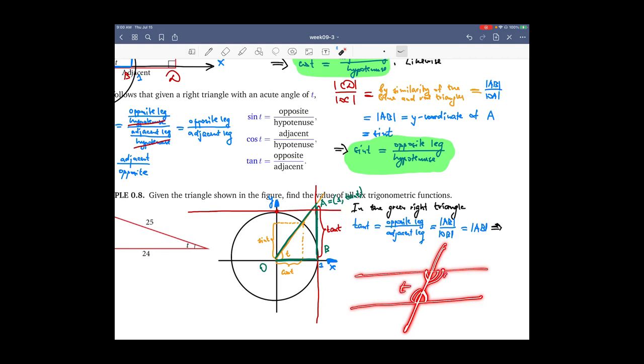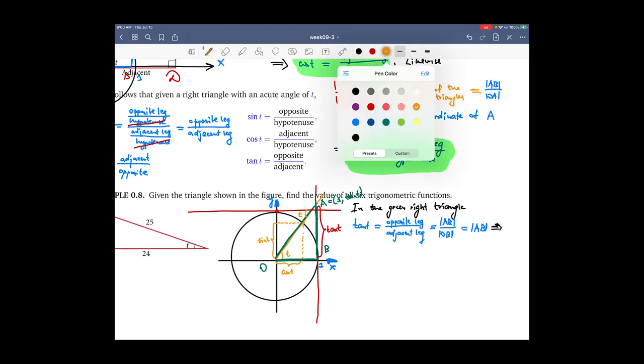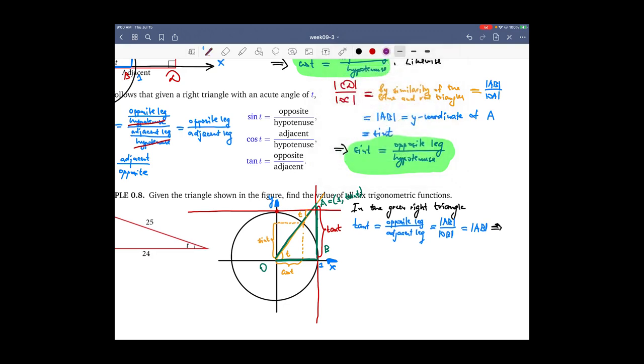If this is t, then this is t. Now, once we know this is t, we consider another right triangle. Let's use another color, maybe purple. OAC.